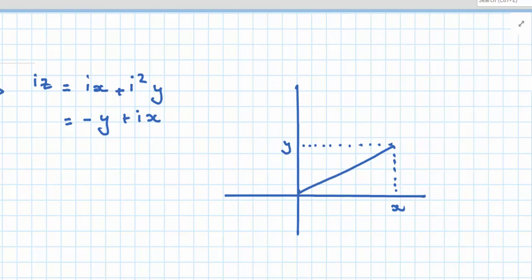So my new real value, so along the real axis, it will be of the same magnitude as y, but negative. So that would be negative y. And our imaginary is the same magnitude as the old real, so around there. So the resultant vector is up here.